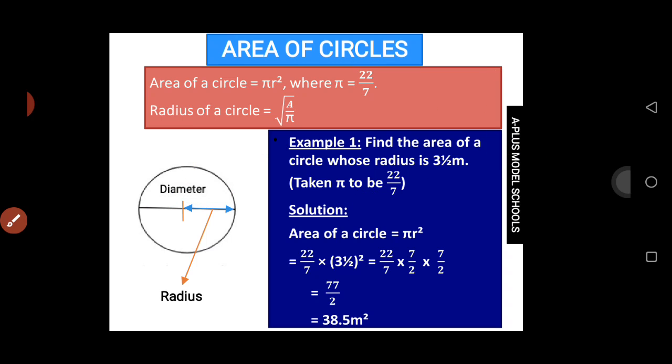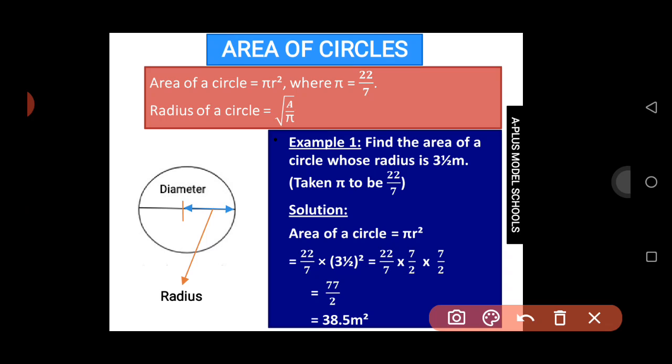So let us look at examples under this area of a circle. The first example: find the area of a circle whose radius is 3 1/2 meters. It means we are looking for the area and we are given the radius. Taking pi to be 22/7.